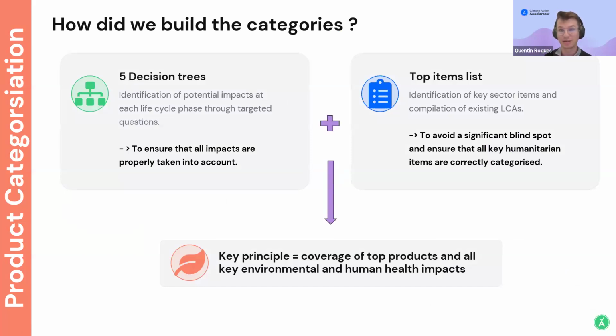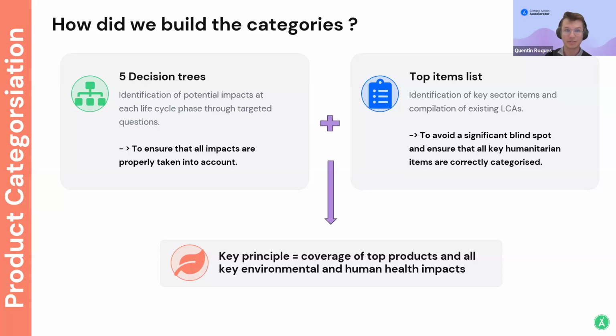So we built a list of almost 90 items, by identifying some of the key items for the sectors in the footprints and in some LCAs that we have been able to find. And the goal of this list is to avoid any significant blind spots and ensure that all the key items are categorized in our categories.